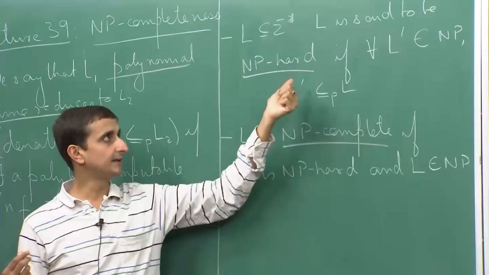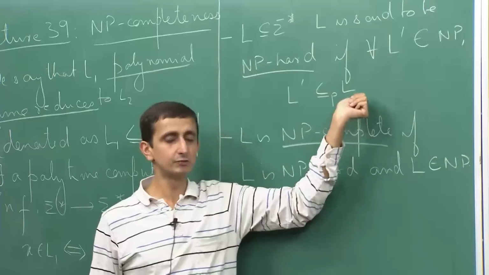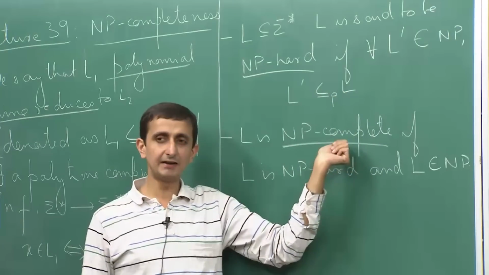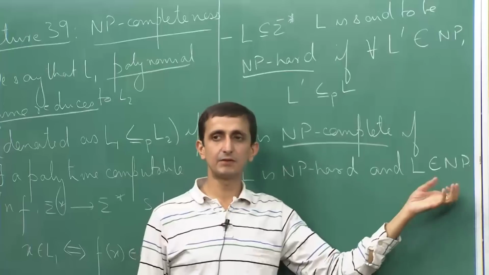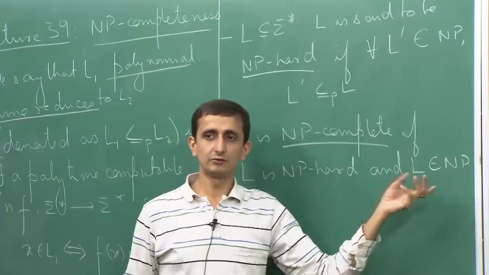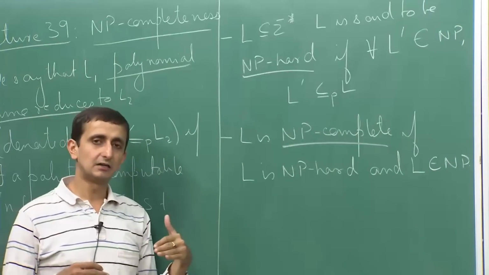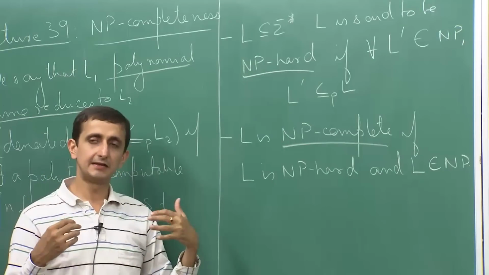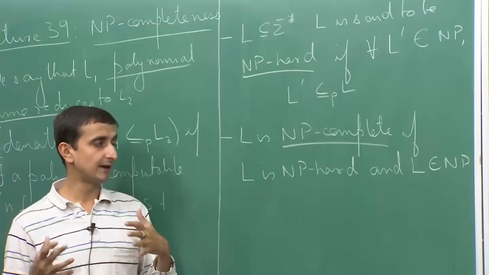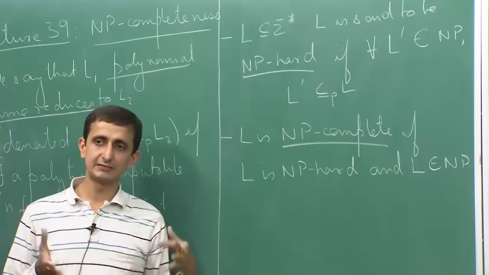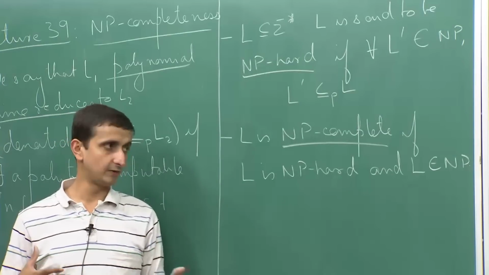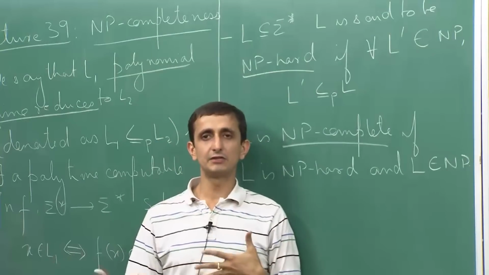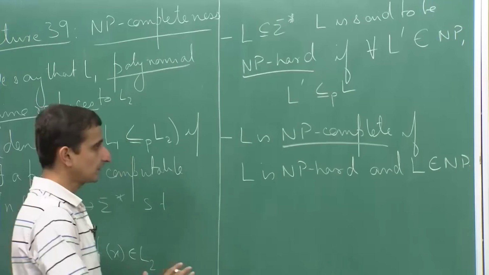All we say there is that every language in NP reduces to L, but L can lie anywhere. But it is NP complete if it is NP hard as well as it belongs to NP. So, this is our definition of the highest level of hardness inside NP in some sense. If we have a language which is NP complete, then of course it belongs to NP by definition, and every other language in NP can be reduced to this language.